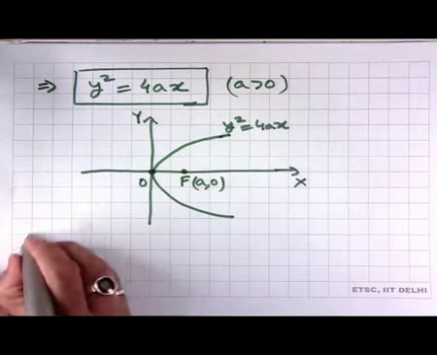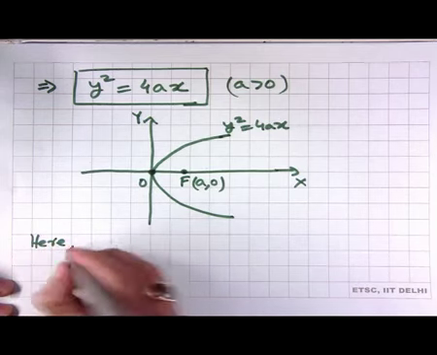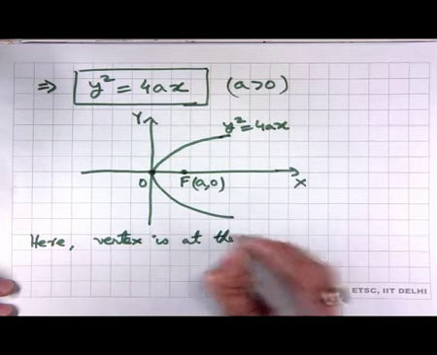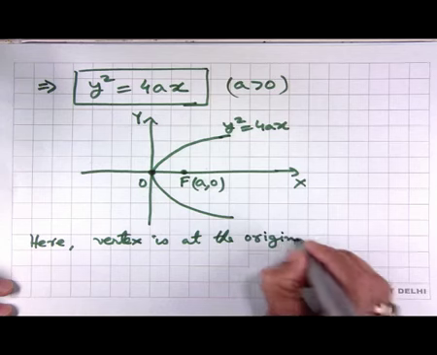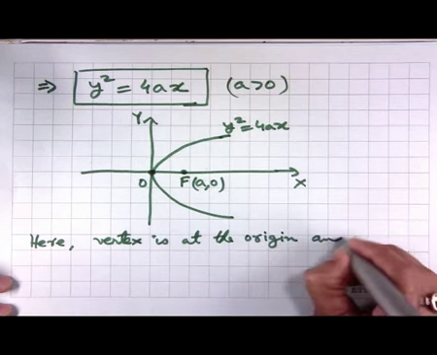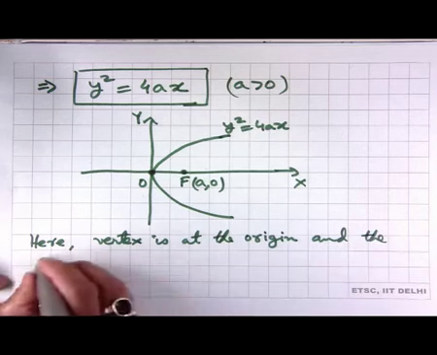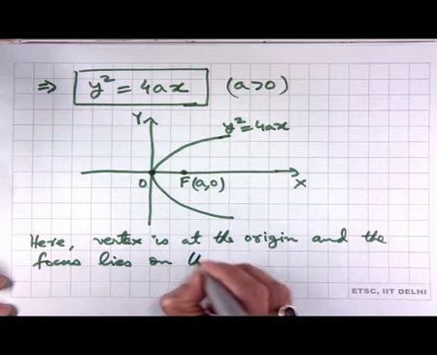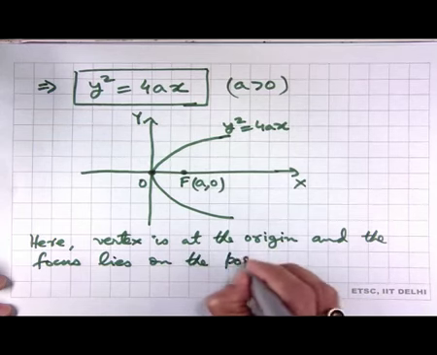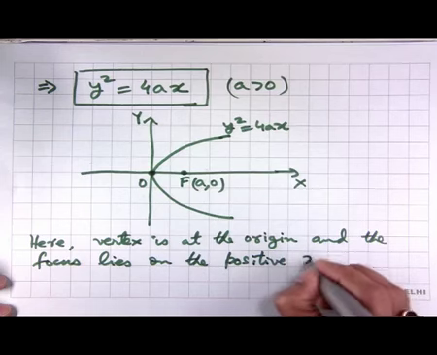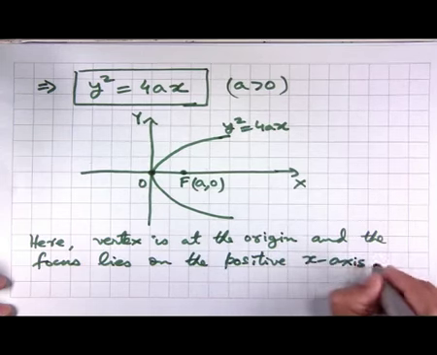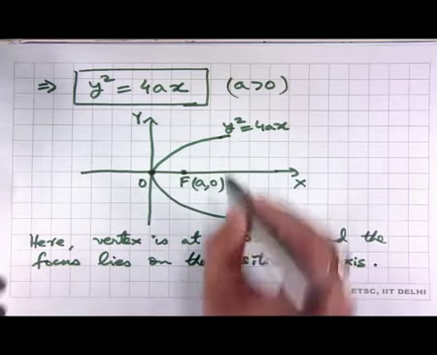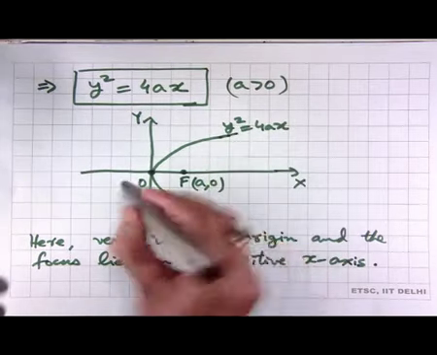So, here vertex is at the origin and the focus lies on the positive x axis. So, this is one of the standard form of parabola. This is a parabola which opens to the right.